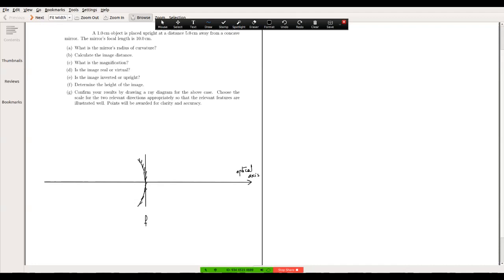So this focal length is measured positive to the left and negative to the right. That is, in the direction of the optical axis, you measure it negative. A concave mirror has a positive focal length, and a convex mirror has a negative focal length.